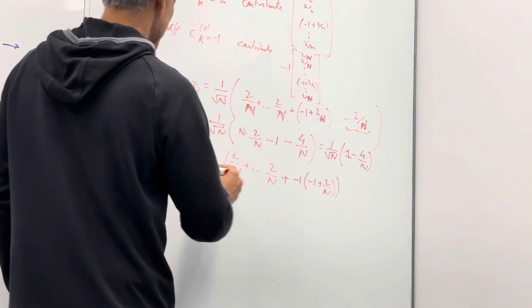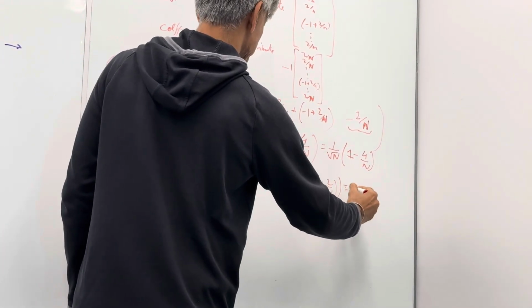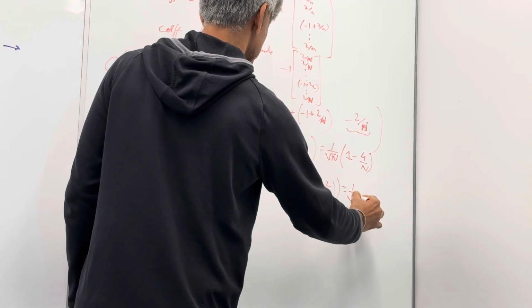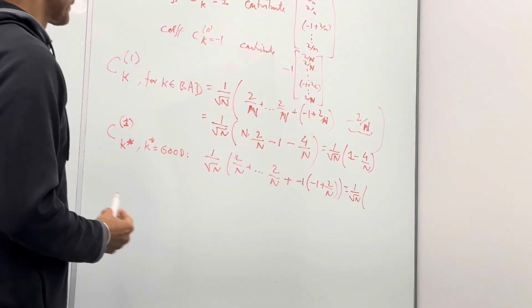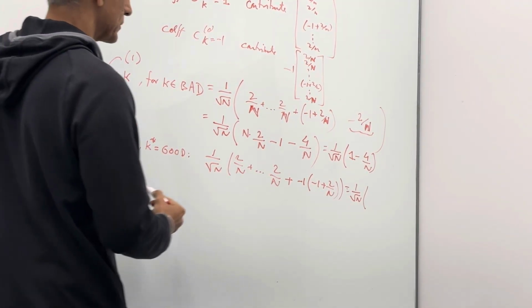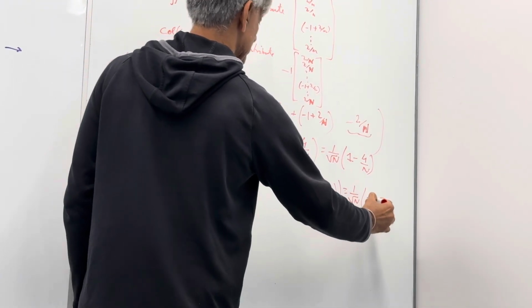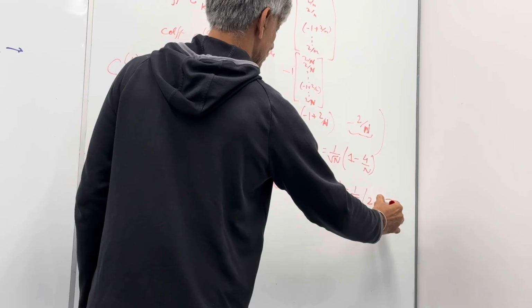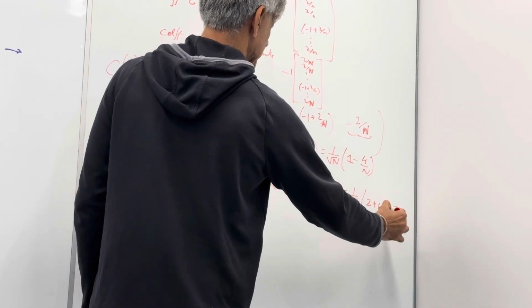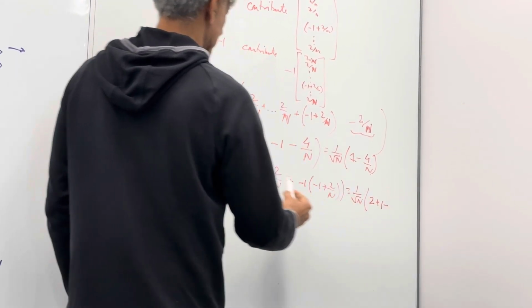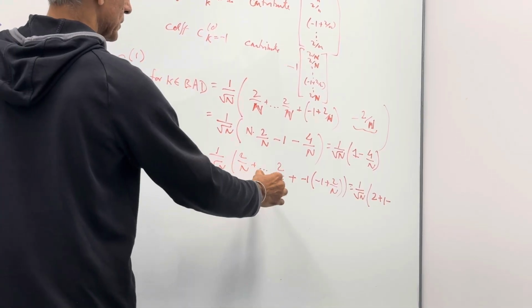So that adds up to 2 plus 1 minus 4 by N.